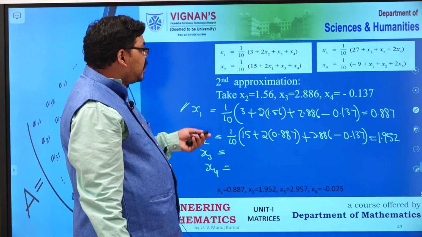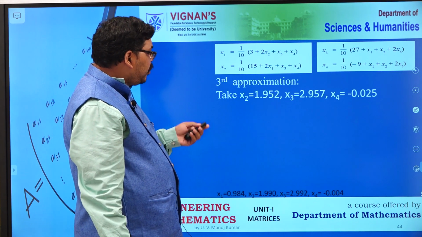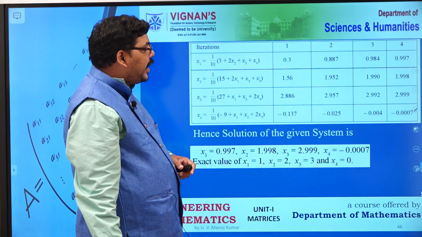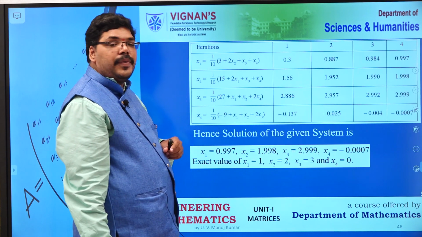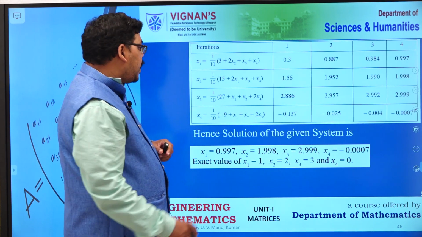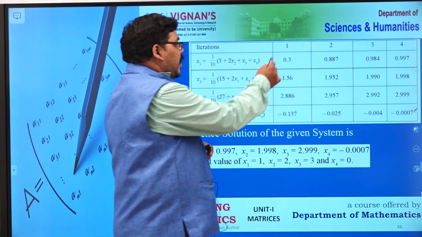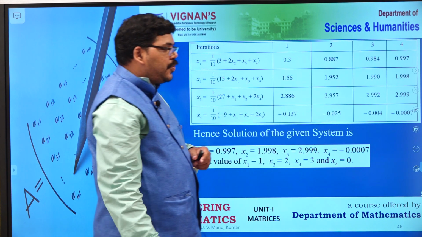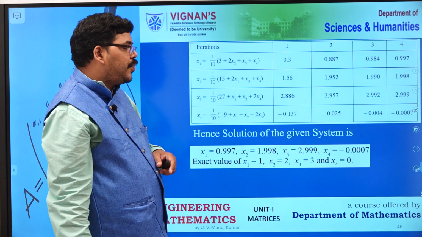You continue these approximations, and if you continue with the third and fourth approximation and write them at one place like this, you will get the following values. These are the first iterative, second iterative, third iterative and fourth iterative values of the expressions x1, x2, x3, x4.